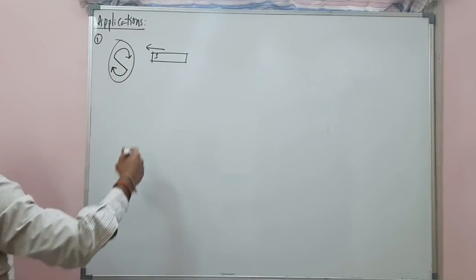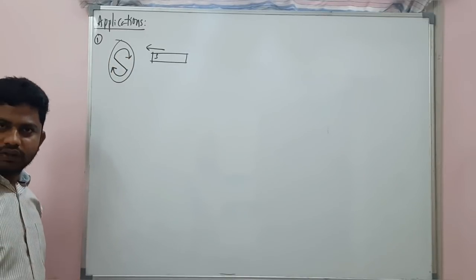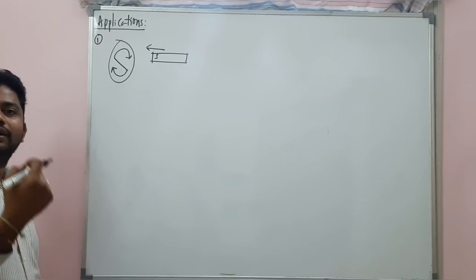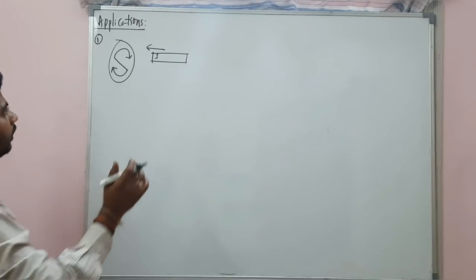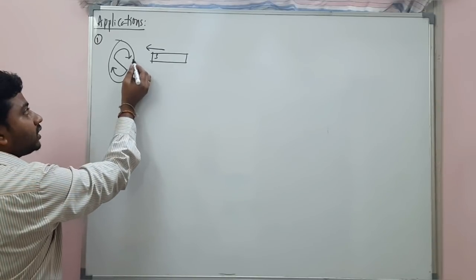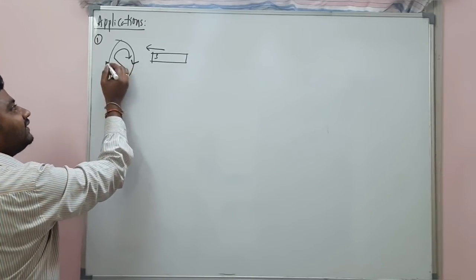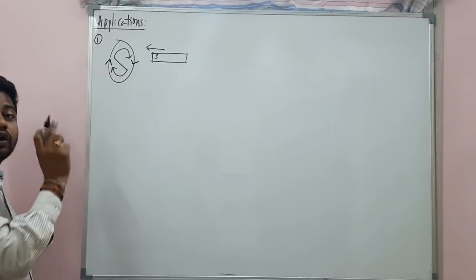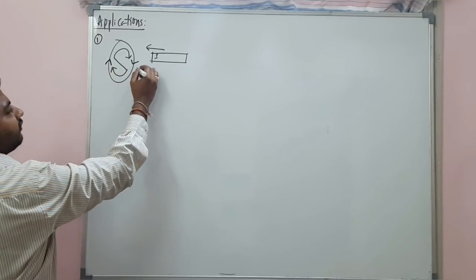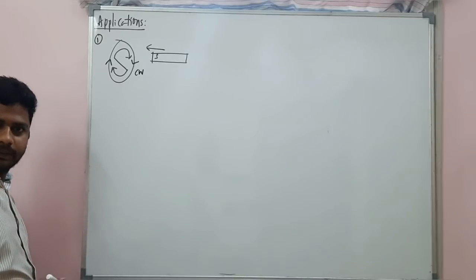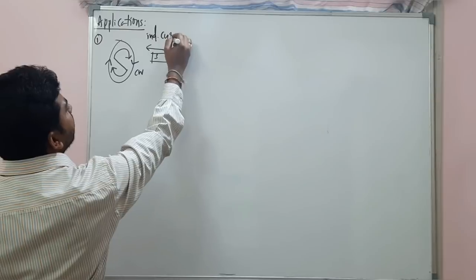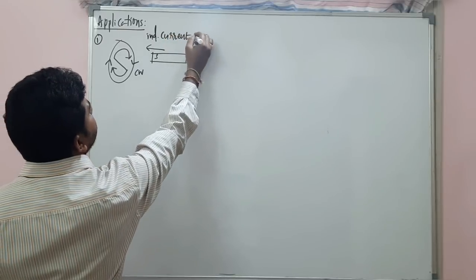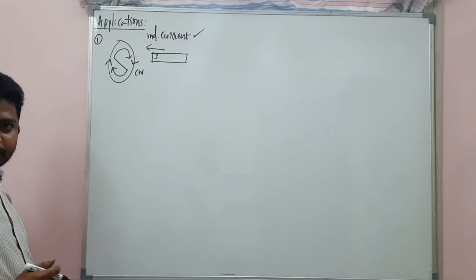Then only Lenz law is valid. Then only is the correct identification of induced current in the coil. Now the direction of the current is clockwise. So the direction of induced current is clockwise. So there is an induced current production in this case. Yes or no? There is an induced current production in this case.